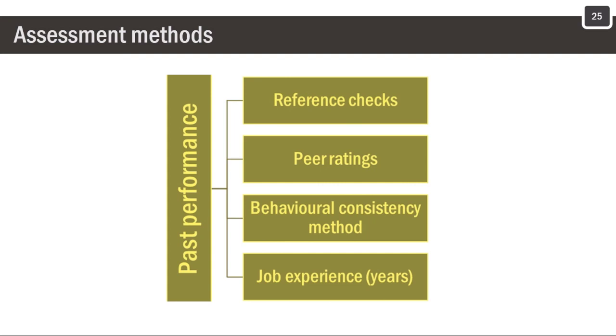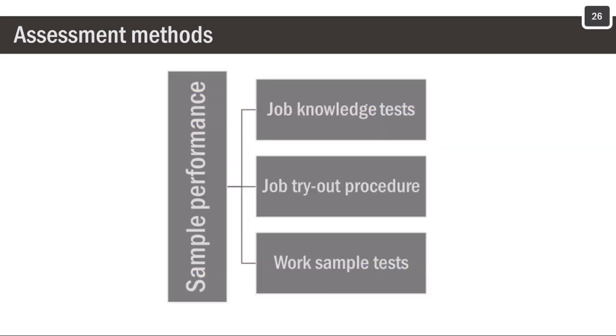Now, what are the other assessment methods? There are ways also, rather than using past performance, to sample potential performance, performance in the job for which the person is applying. Work sample tests are hands-on simulations of part or all of the job that must be performed by the applicant and are a type of sample performance assessment method.